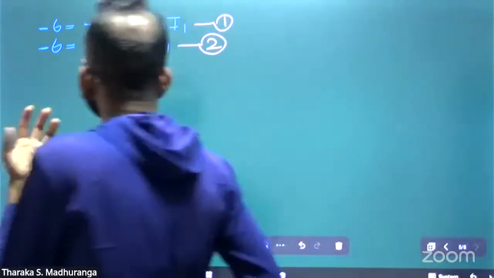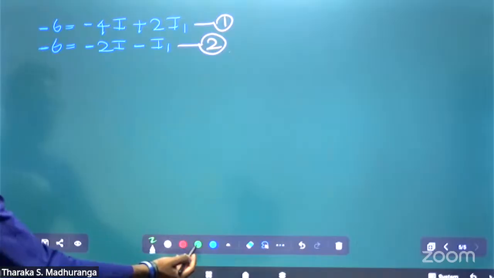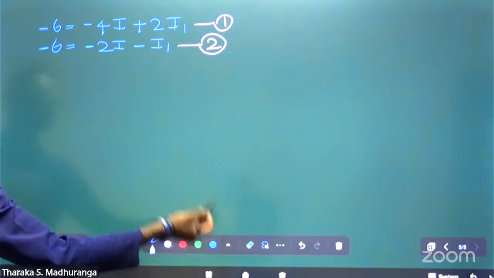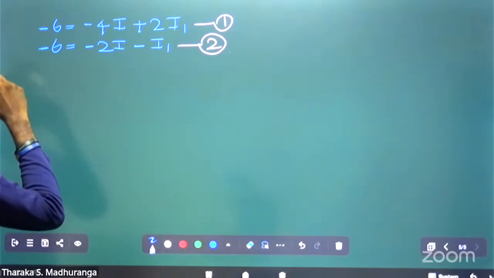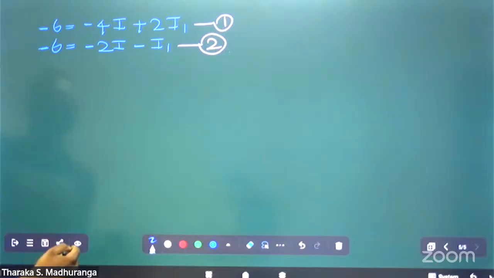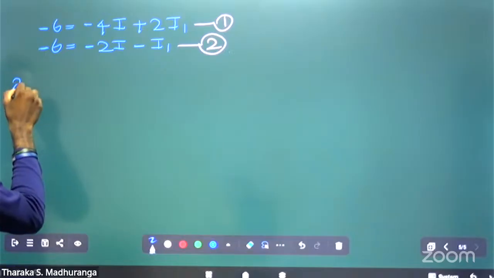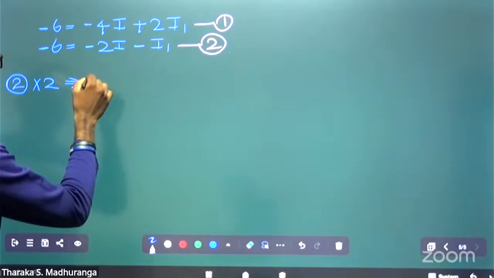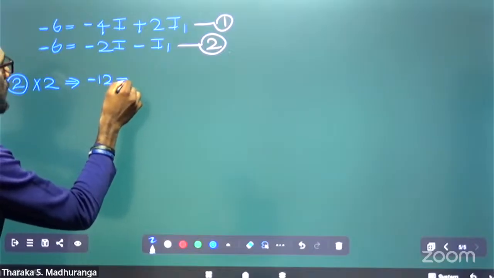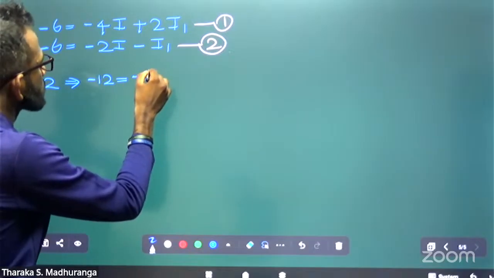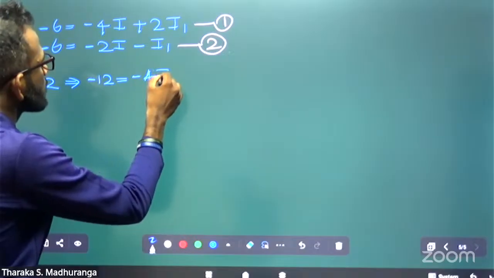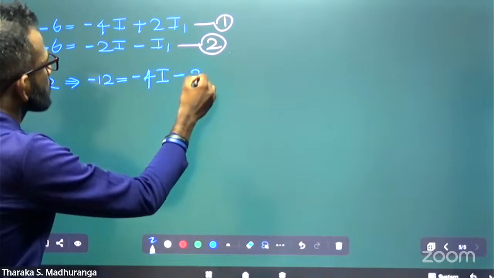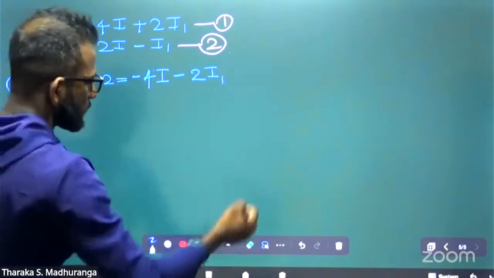Therefore, we have to get another equation with equal coefficients. I'm going to multiply my second equation by 2. Then I get -12 equals -4I minus 2I1. This is my third equation.